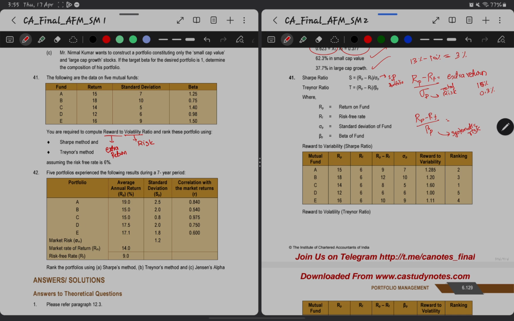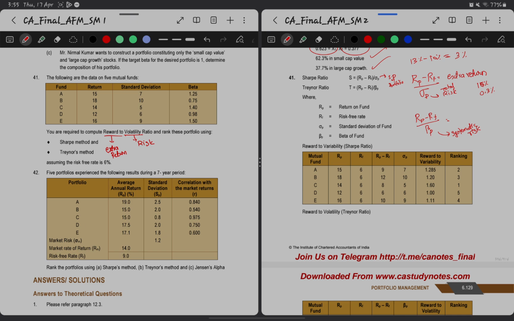So what will be the difference between Sharpe ratio and Treynor's ratio? In Sharpe ratio, the total risk of the security is considered, but Treynor is considering only the systematic risk of the stock. Why? Because as we have seen in our previous questions and in previous videos, the unsystematic risk of a stock's return in a portfolio can be eliminated by diversification. Let's say in a portfolio, if we have 4 to 5 stocks, and if we want to reduce the unsystematic portion of risk, then we will be diversifying the risk in different streams.